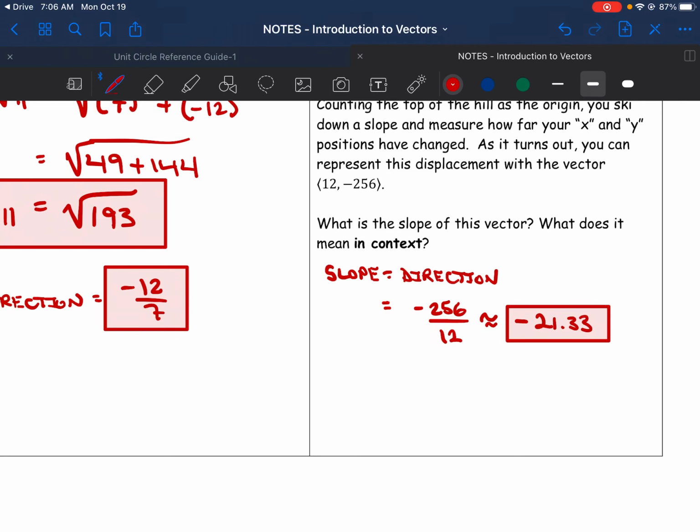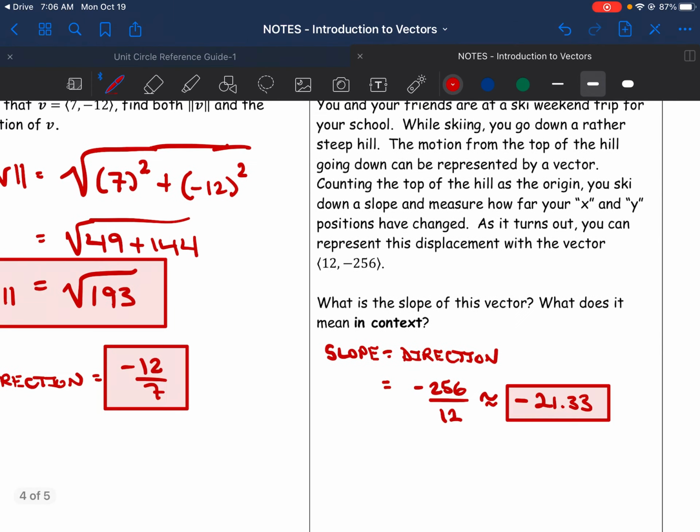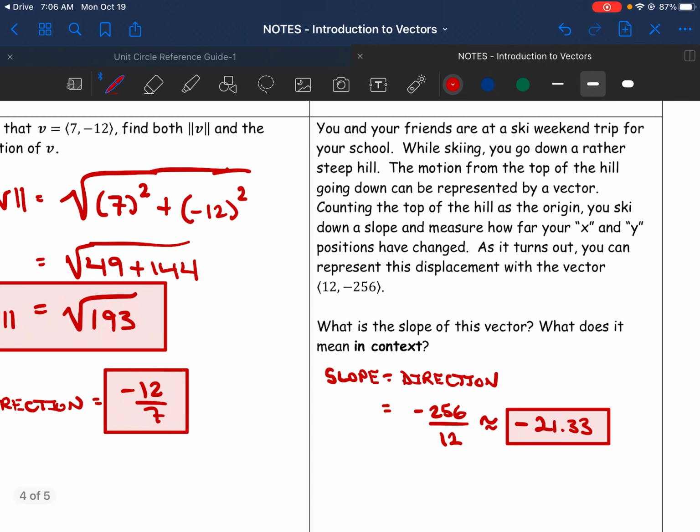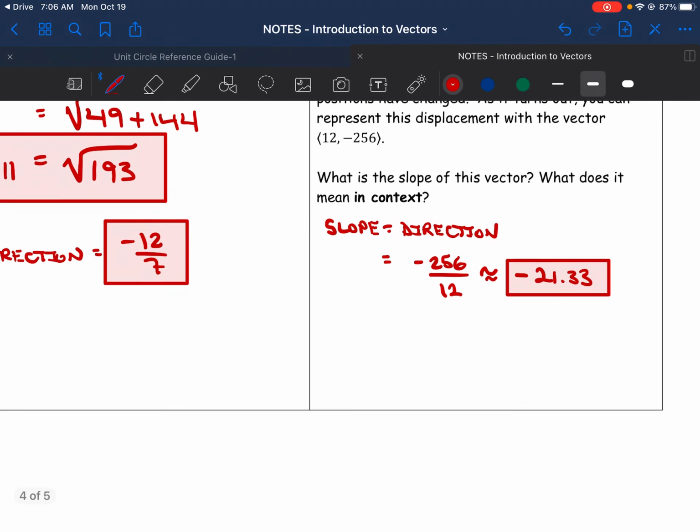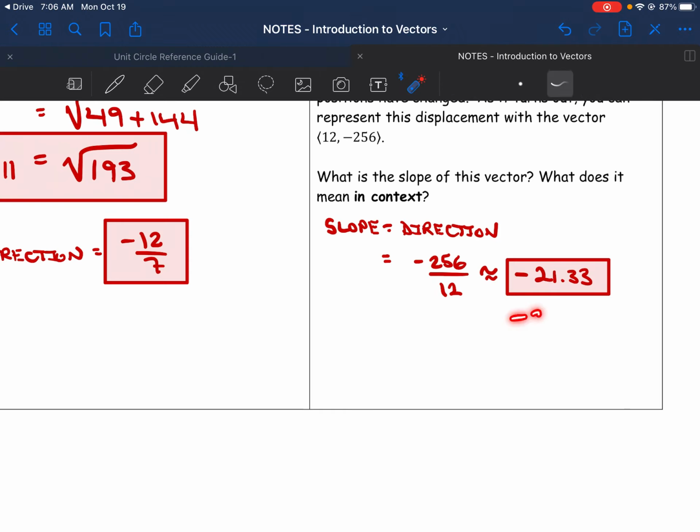Now, what does that actually mean in context? Well, remember, we're talking about going down a steep hill while skiing. So what this means, remember, if we're representing this as a slope, this is like negative 21.33 over 1, where the negative 21.33 is like the y component, and the 1 is like the x component.